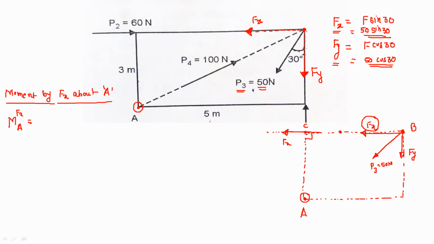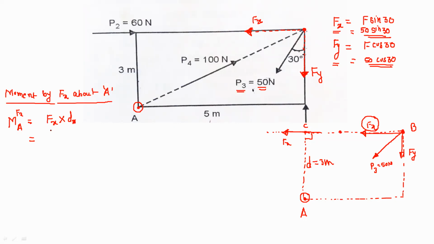So if I assume force is lying at this point, then this will be directly perpendicular, and the AC distance is nothing but the perpendicular distance. This is given as 3 meter. Now just find out the moment by the first component Fx about the point A. This moment will be component Fx into its perpendicular distance d, or we can assume this as dx.